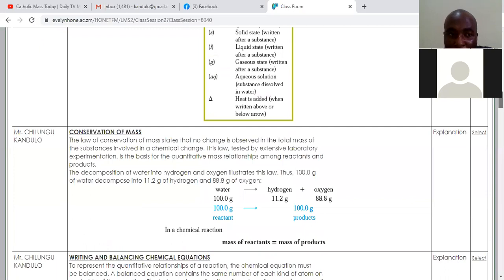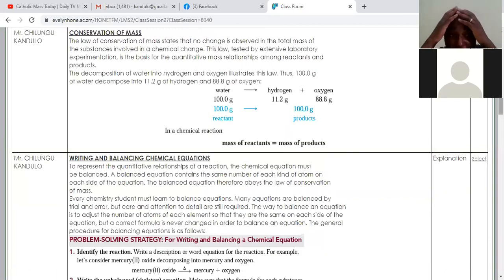The next point is that mass is conserved in chemical reactions, meaning the mass of the reactants is equal to the mass of the products. If they tell you, say, 5 grams of A reacts with 10 grams of B, and you form C and D, and the amount of C produced is 8 grams, what is the amount of D?